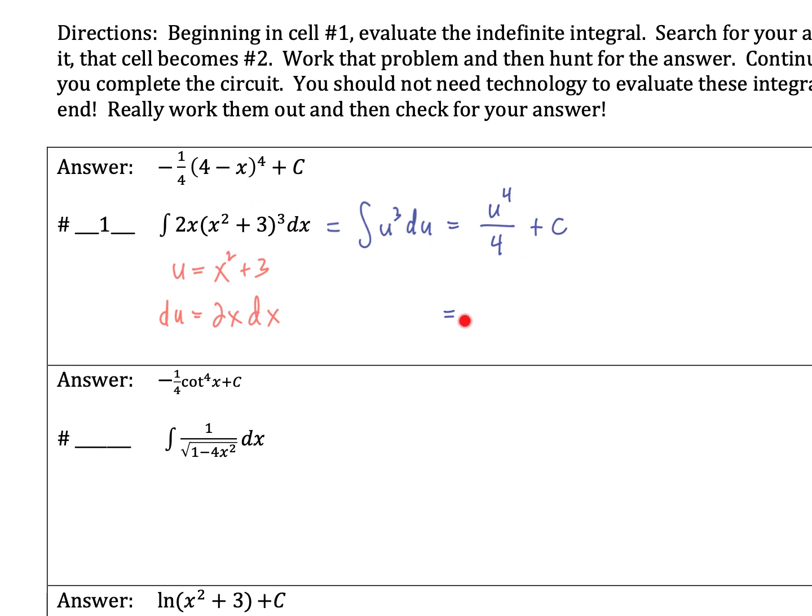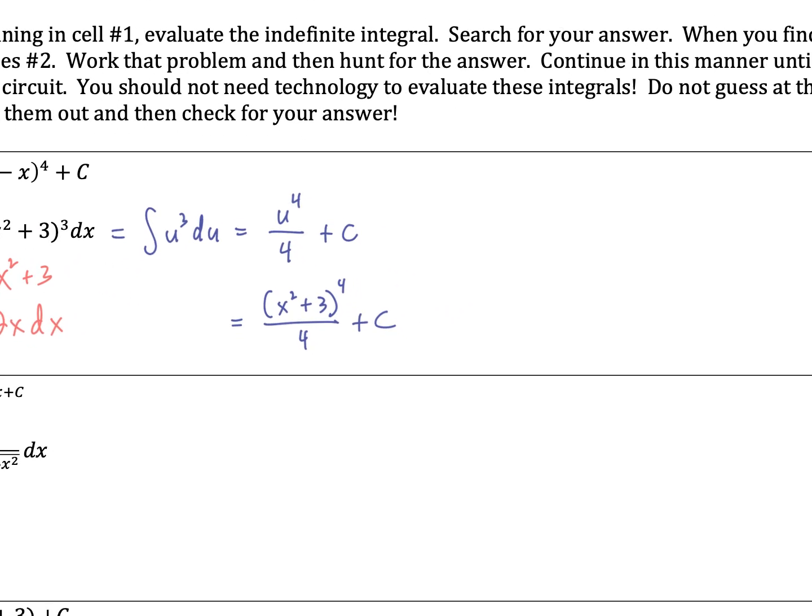Take the antiderivative, but now we've got to bring the x's back. So this is u to the 4th, so we'll replace that u with what we made u originally. Alright, that's it.